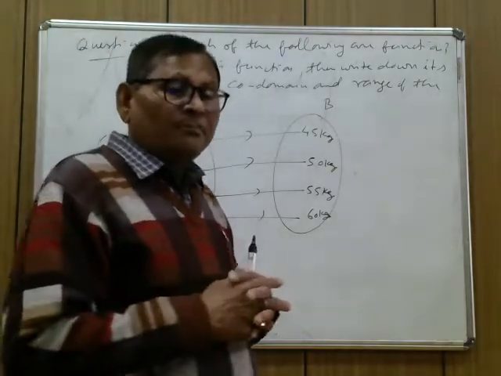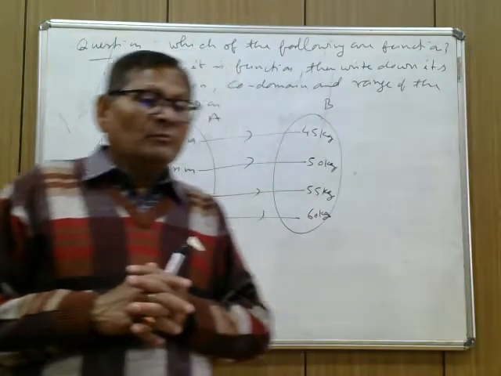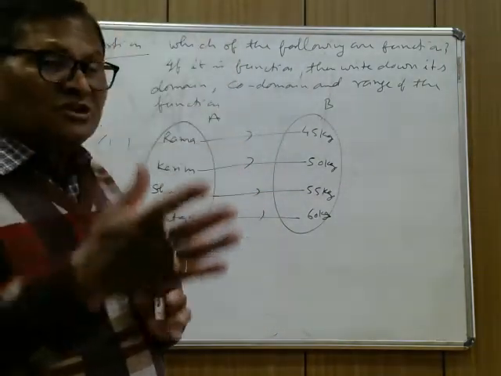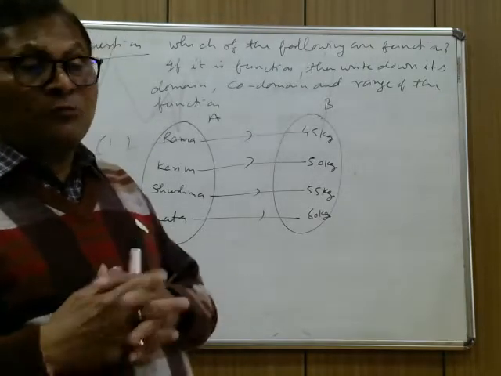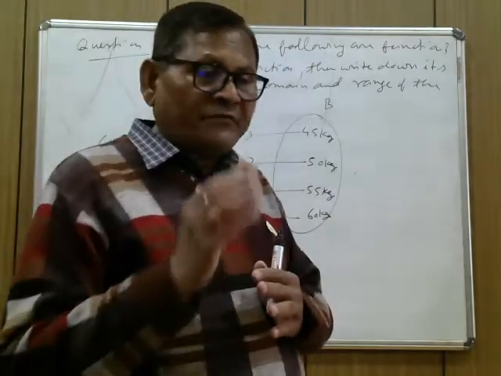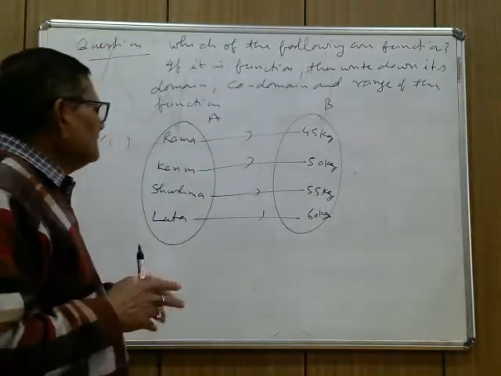So now you see what I have told you to prove any given relation is a function. What are the conditions to prove? In order to prove this relation is a function, what are you going to prove? First of all, you listen.